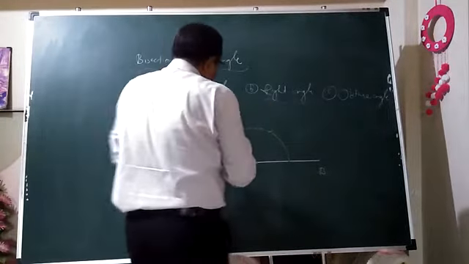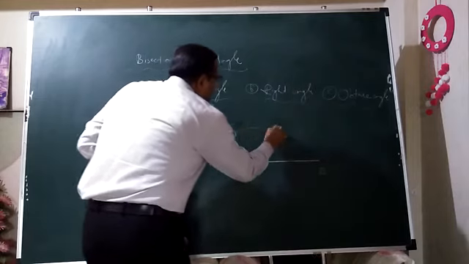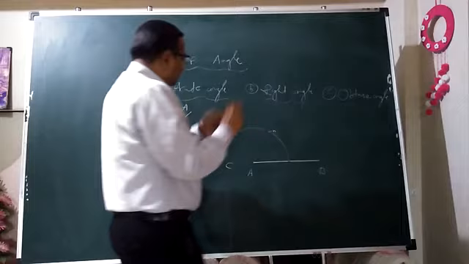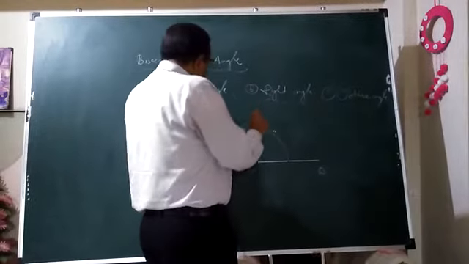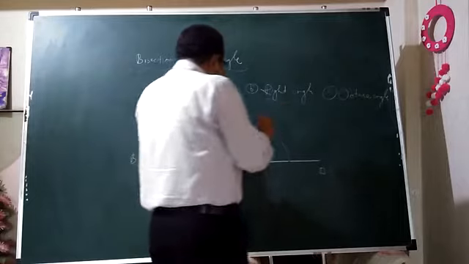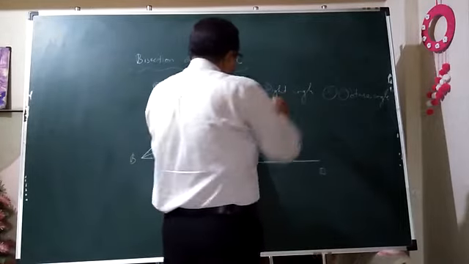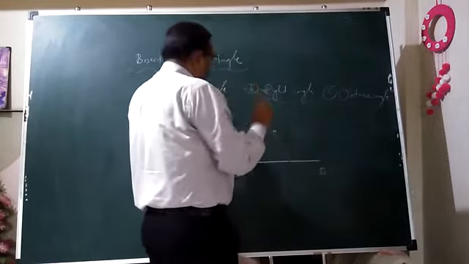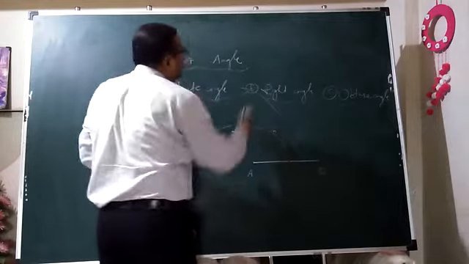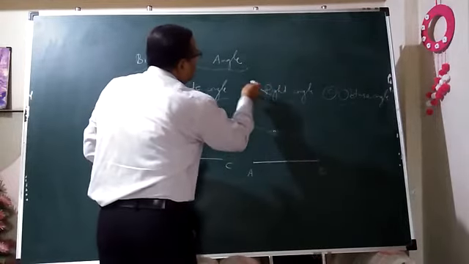Now suppose these points are M and N. Again pick a convenient radius in the compass and first, with M as a center, draw an arc above this curvature. Okay, with the same radius without changing the distance, get an intersecting arc from N. You have got the point of intersection of both these arcs here.